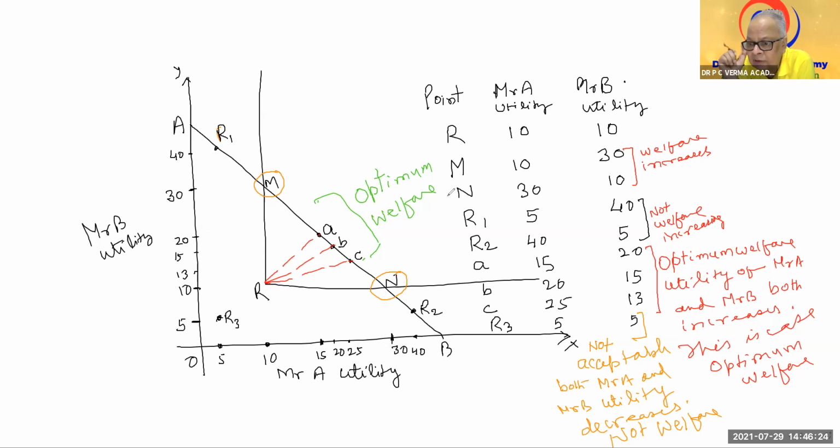No project will be allowed to be established. So this is a hypothetical case to help understand the concept of what Pareto wants to tell us.